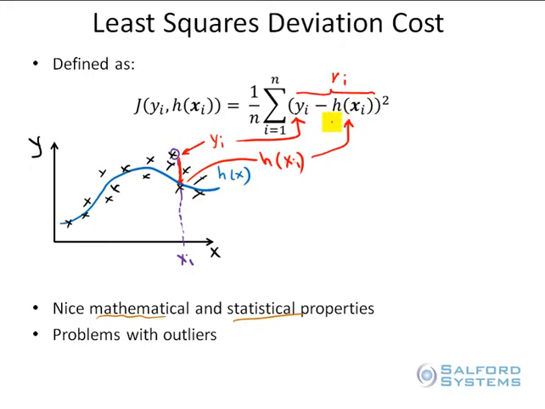It usually results in nice quadratic forms, systems of linear equations, and it's just a nice mathematical form to deal with. On the other hand, statistical properties stem from the fact that the least squares deviation cost can be arrived at by introducing a maximum likelihood principle based on standard normality assumptions.